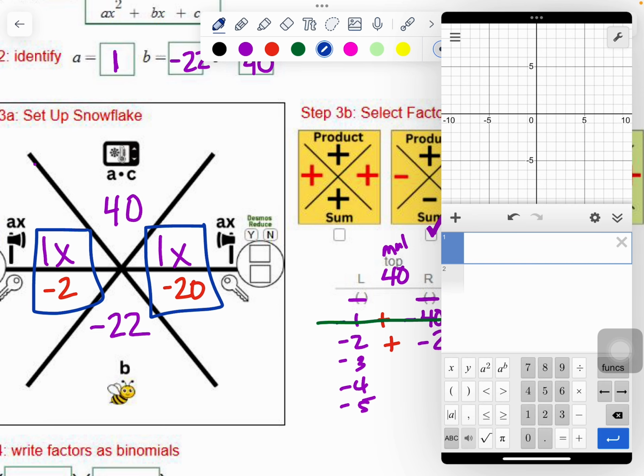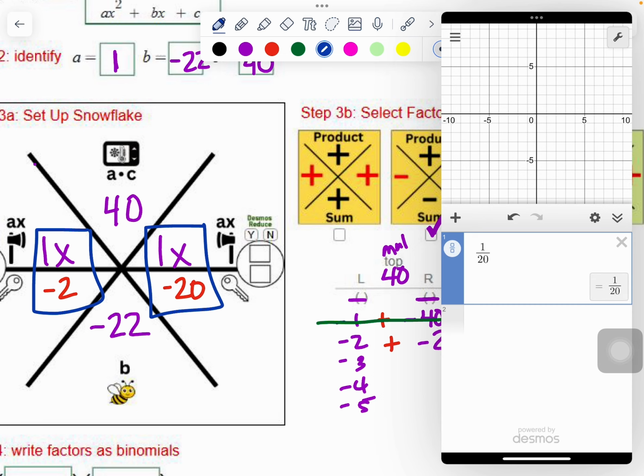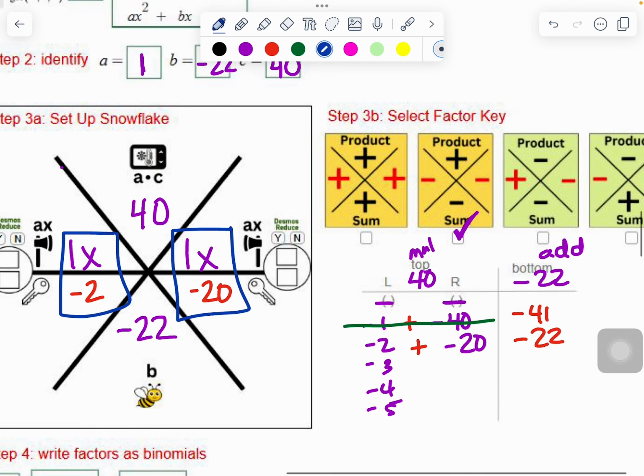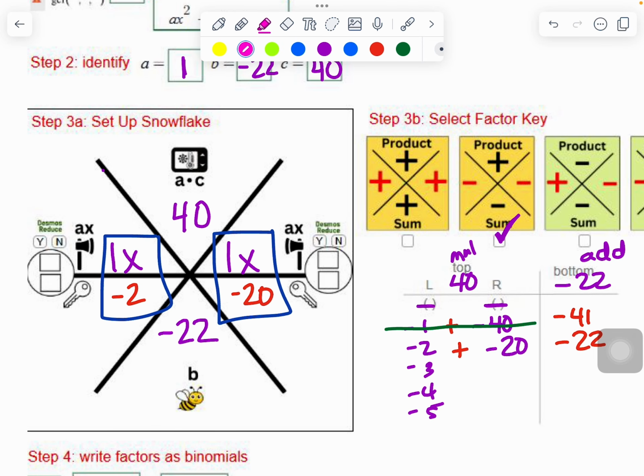And if I do 1 divided by negative 20, and I hit the circle, still it doesn't change. So these are already reduced. Do we have to reduce them? No. So because of that, we are done. And these right here are your answers. So you just write them side by side as a binomial to get our answer.